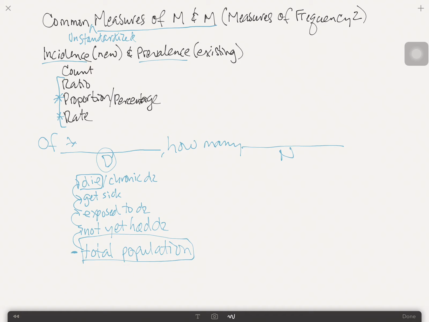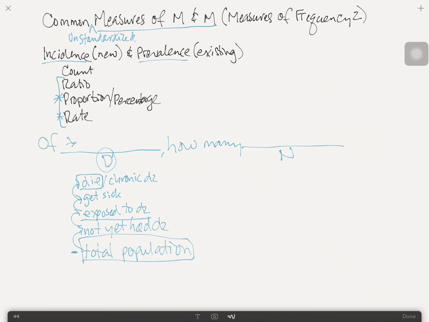Of those who are exposed to a particular disease, what proportion get sick? And that's called our attack rate. So do you see how we can be very flexible about what we use as our denominator and our numerator? Your task then is to look at all the different kinds of things that we can use as measures of morbidity and mortality and figure out where they fall in here.